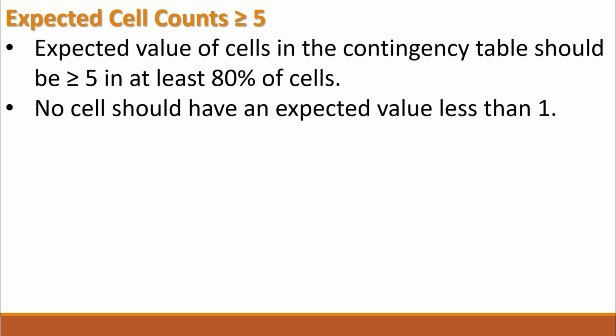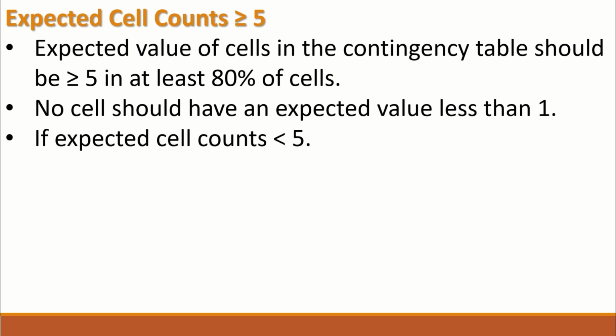So no cell should have an expected value less than 1. If the expected cell count is less than 5, then use an alternative statistical test that is suitable for these conditions, which is Fisher's exact test.